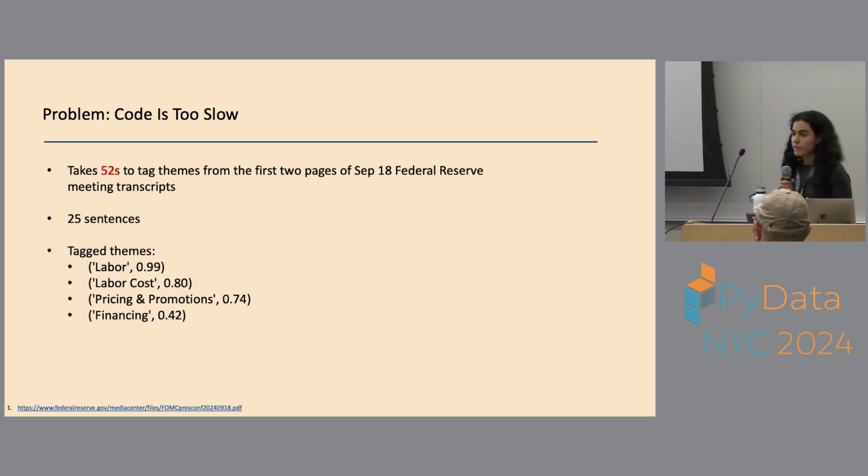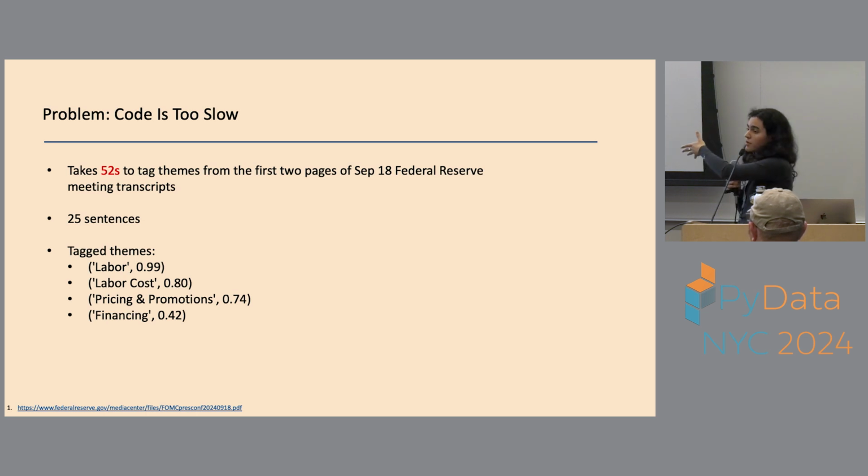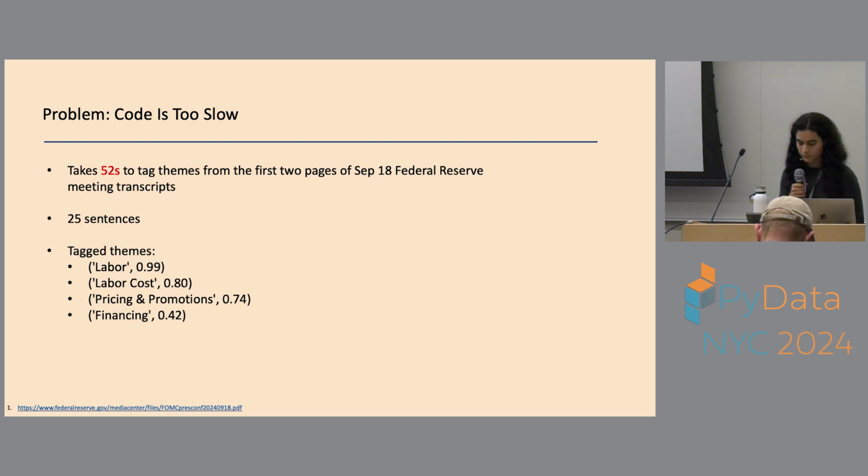For the purpose of this talk, I will be using some data from the September Fed Reserve transcripts, in particular some fraction of the first 2 pages, which gives me about 25 sentences to tag. I don't expect my users to be writing this many sentences. Generally, it's in smaller chunks that we do the tagging. But if we solve and speed up for this problem, then the rest of it will be fast as well.